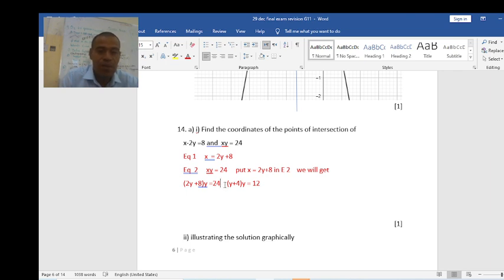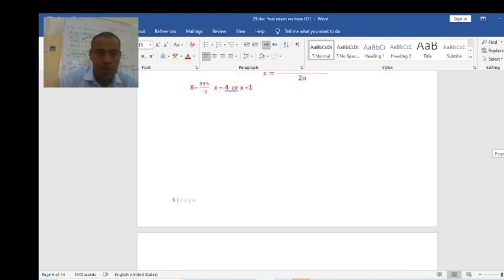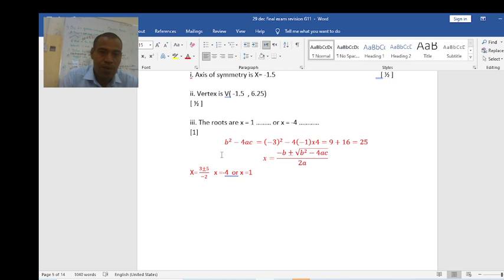So we will give y plus 4, times y, equal to 12. Now I will just expand. Y times y is y squared.